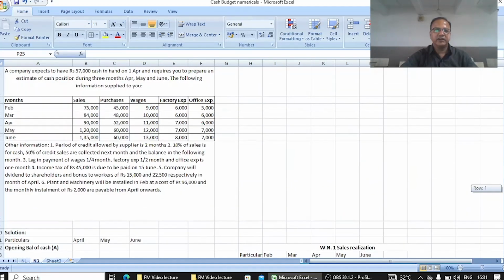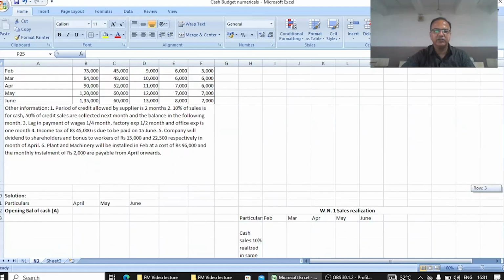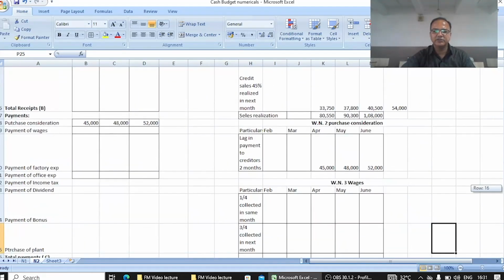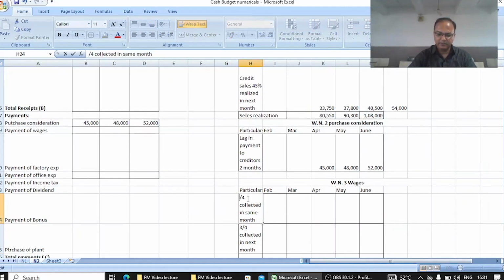Here wages are 9,000, 10,000, 11,000, 12,000, and 13,000. 3 by 4 is paid in same month and 1 by 4 in next month.